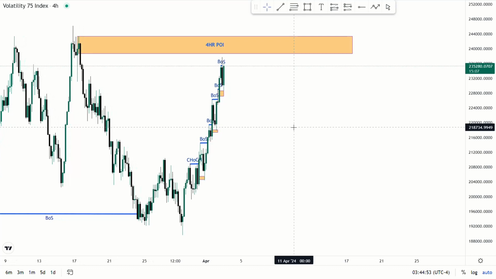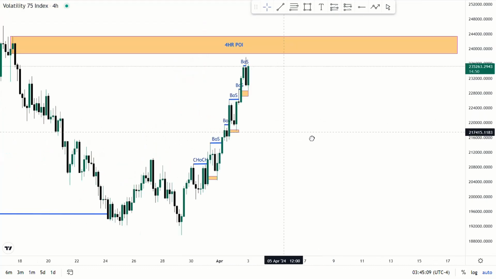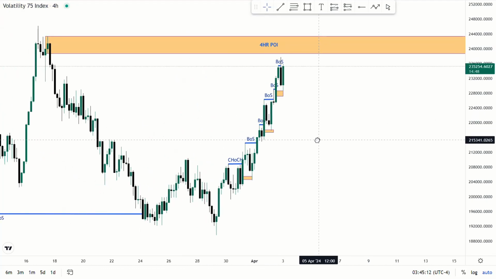So we have an analysis time frame, and then we have the bias time frame. When I say big picture, it's very subjective when we are talking about trading and time frames. Someone's bias time frame can be somebody else's entry time frame or analysis time frame.